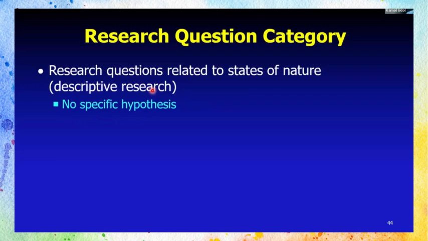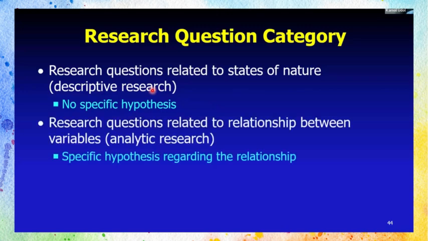What is the prevalence of hypertension in the elderly? You don't have any hypothesis. You just want to know what is the prevalence. But for another type of research questions related to relationship between variables, analytic research, this research will have specific hypothesis regarding the relationship.